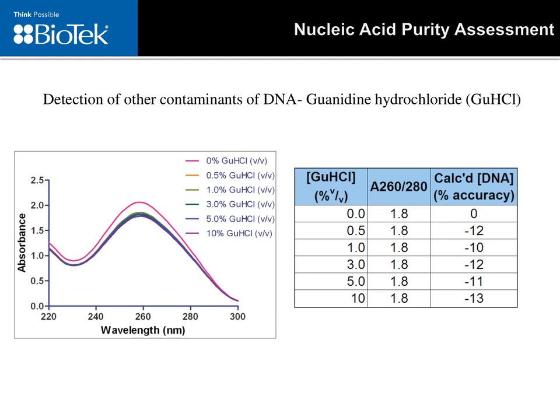Residual guanidine hydrochloride at trace levels, which can be less than 1%, can impact quantification of DNA due to an apparent decrease in the spectral absorbance peak at approximately 260 nanometers. And this may be due to the chaotropic effect of the reagent, causing partial denaturation of the DNA, and appears to be independent of concentration.